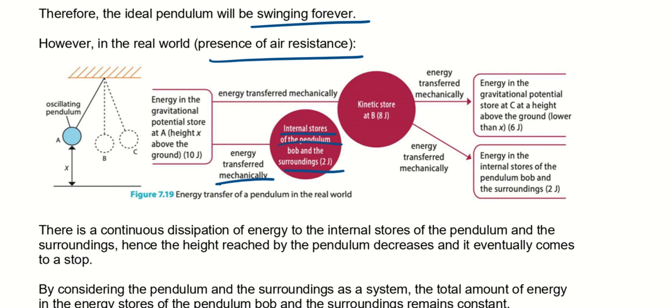Initially, let's say I have 10 joules of energy in the gravitational potential store. 2 joules will be transferred to the internal store of the pendulum, because when it swings against air, it will heat up. This heat energy will be transferred to the surrounding by propagation of waves.